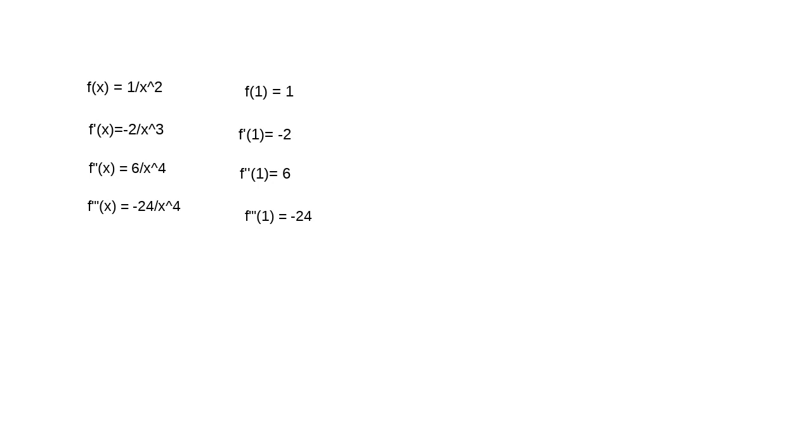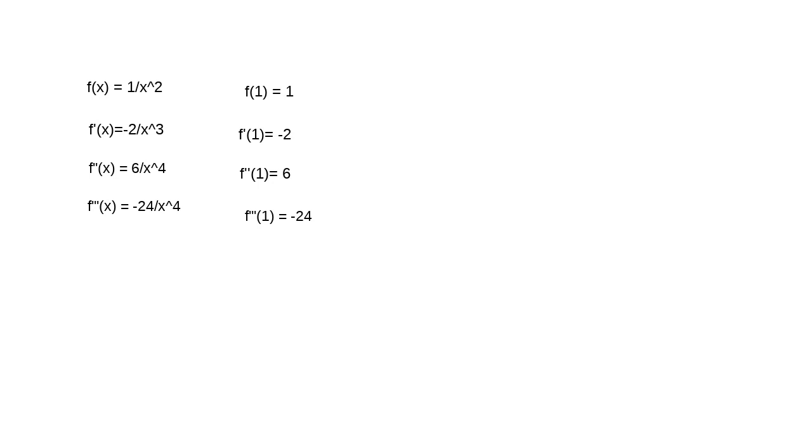Then last one, we want to find P3. P3 equals P2 plus f triple prime of 1 divided by 3 factorial multiplied by x minus 1 raised to 3.